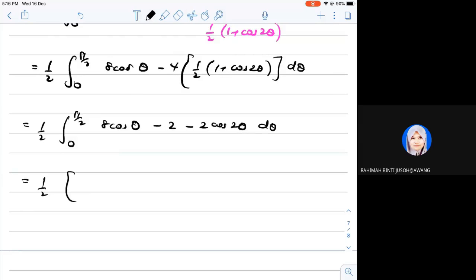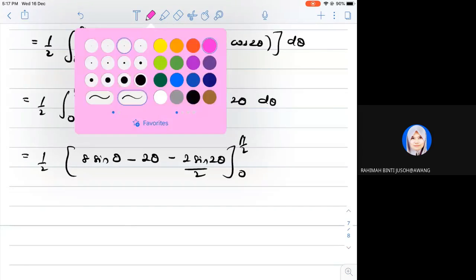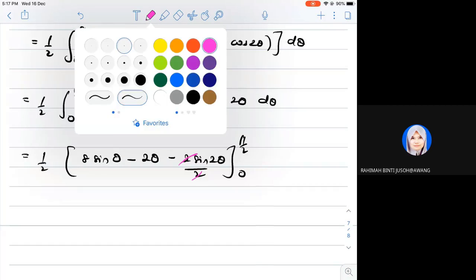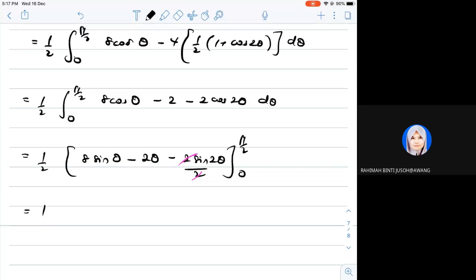So let us integrate. 8 cos theta becomes 8 sin theta minus 2 theta minus 2 sine 2 theta over 2, substitute pi over 2 and 0. Of course, we can cancel this. So we will have 1 over 2, 8 sine pi over 2 minus 2 times pi over 2 minus sine pi.